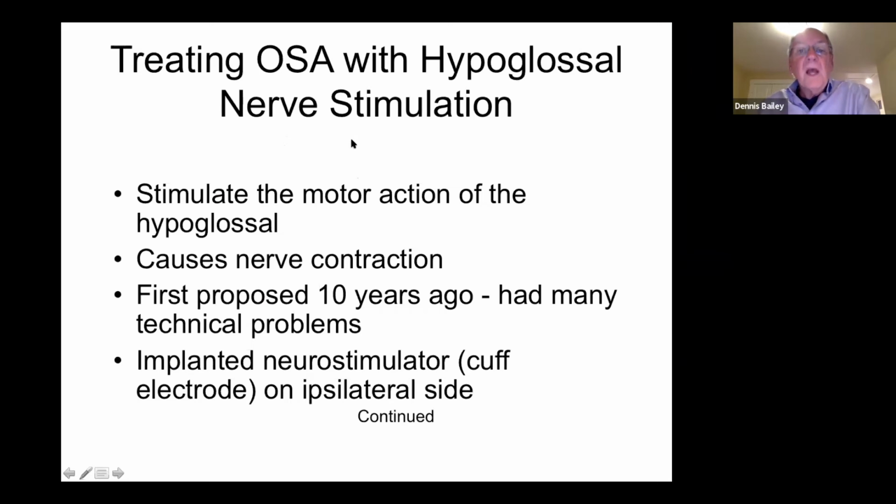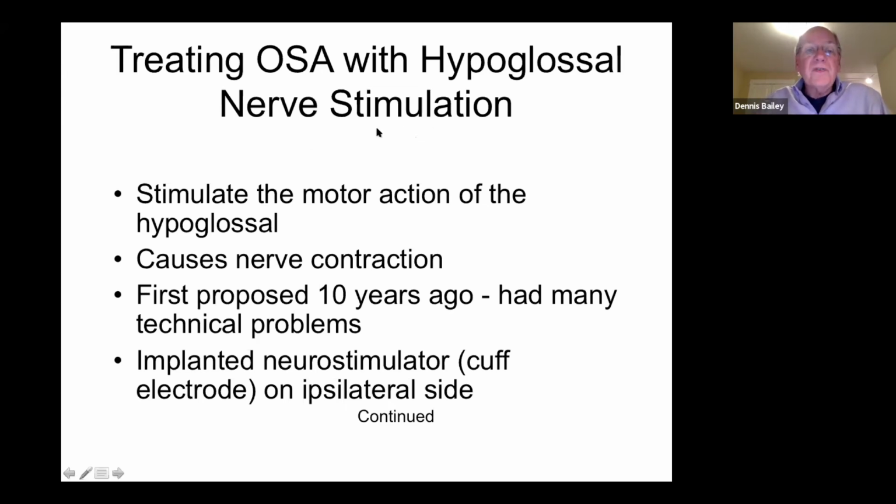We're going to talk about that. And I'm going to show you some interesting information that can help point us to use some of the theoretical aspects of determining a responder to this, to determining a responder to oral appliance therapy, and combining it with looking at the different phenotypes and endotypes of the patients that we're dealing with.